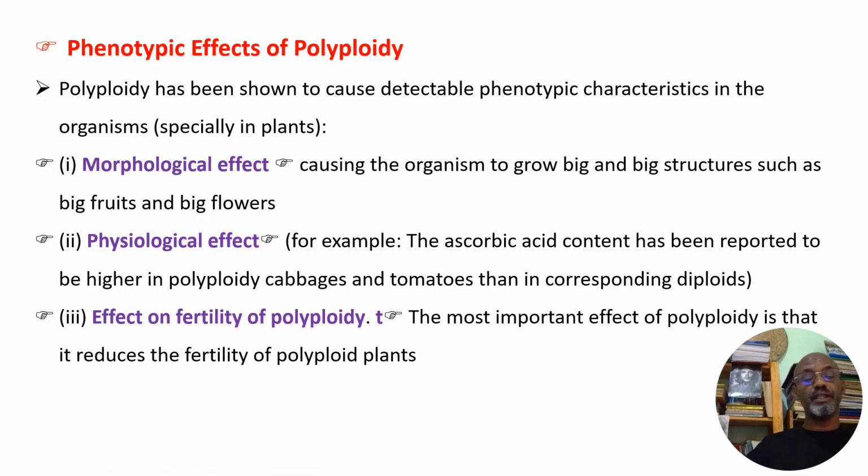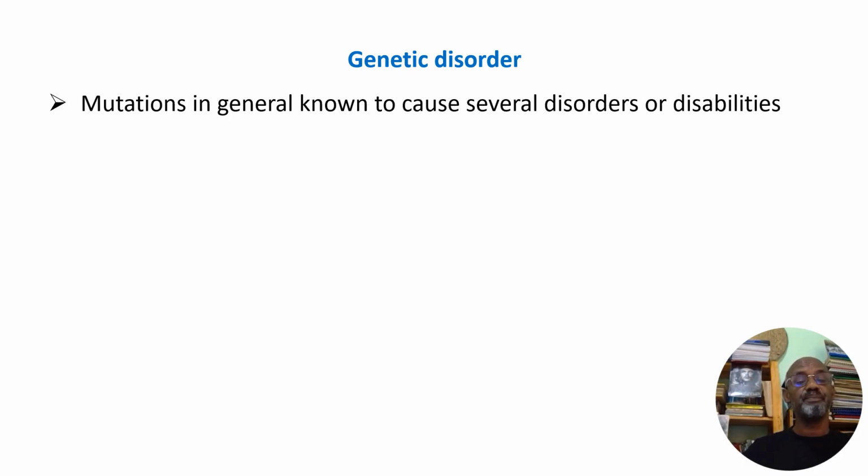Also, the effect on fertility of polyploids. Of course, this is the negative side. Polyploidy causes the plants to be less fertile or to become infertile; it reduces fertility. The last part of this mutation subtitle is genetic disorders.